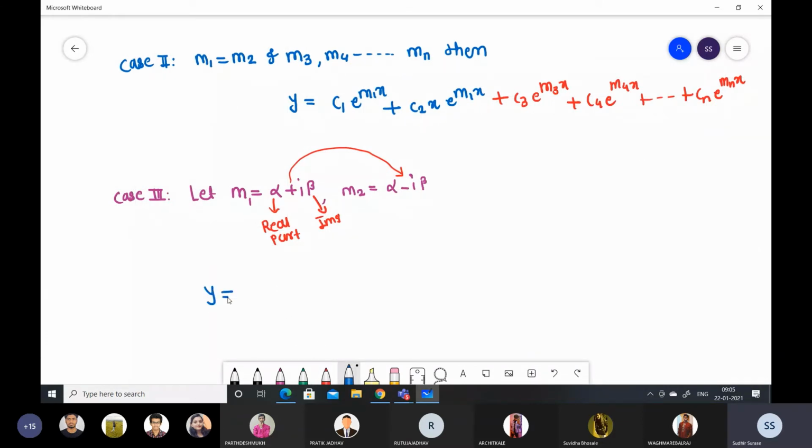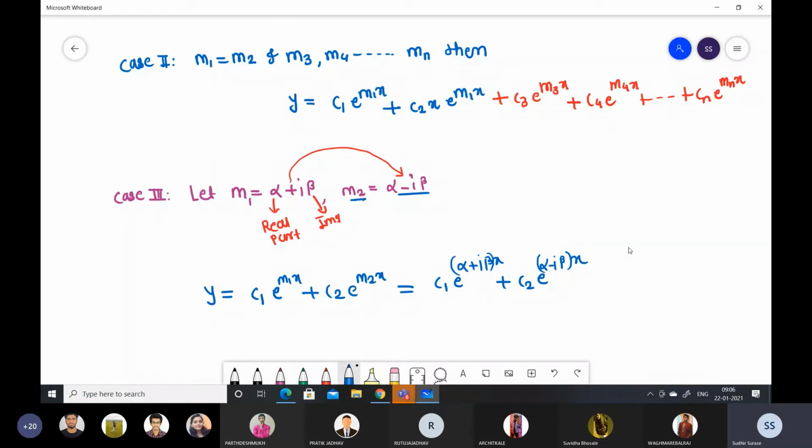We can follow the first case and then simplify. y equals c1 e^(m1 x) plus c2 e^(m2 x), and m1 is alpha plus i beta, so c1 e^((alpha plus i beta) x), and c2 e^((alpha minus i beta) x).